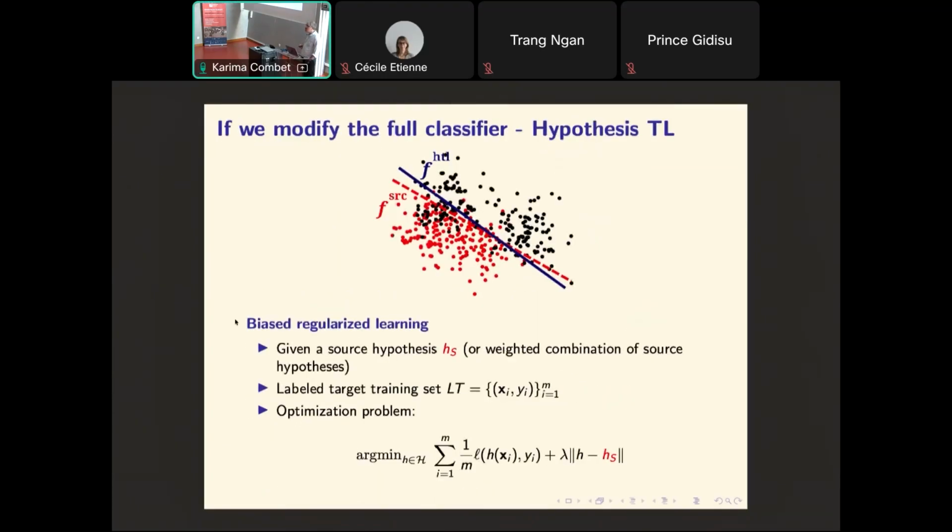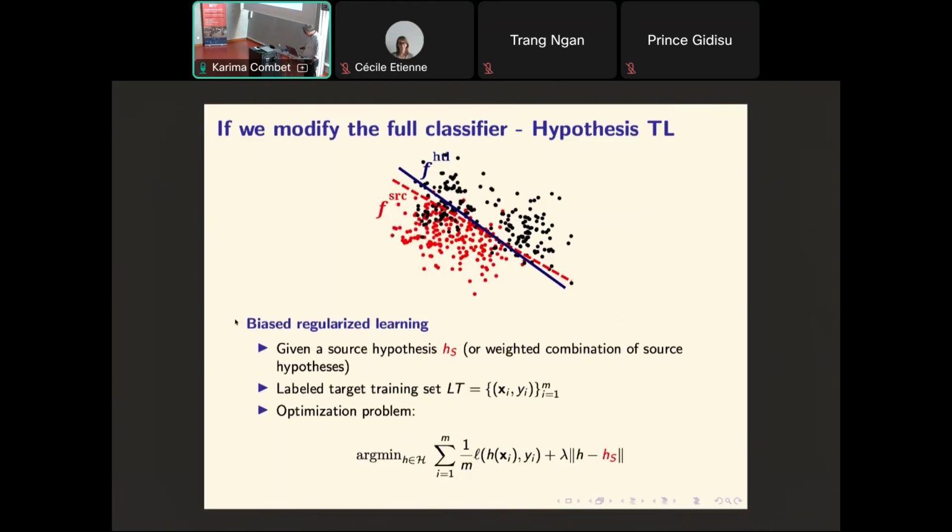Something which may be easier to get is if you imagine that you can change all the features from the source domain, so the source model. And what you try to do is, okay, let's take a new target sample. Let's try to learn a model that minimizes the loss from the target sample so that you are not too close from the source model, but you can modify all the weights that you want.